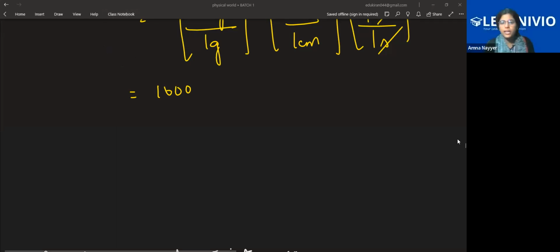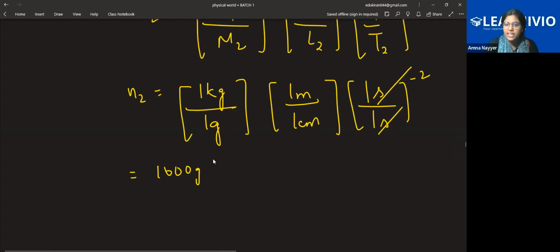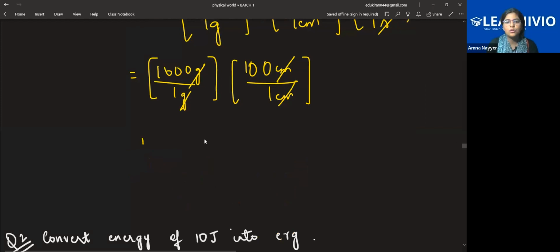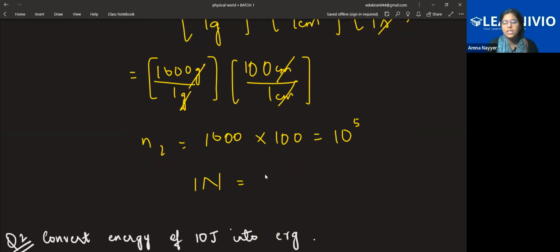So we can write 1 kg as 1000 gram divided by 1 gram. Then 1 meter we can write as 100 centimeters divided by 1 centimeter. Now gram got cancelled, centimeter got cancelled. So N2 is equal to 1000 into 100, that is 10 to the power 5. So 1 Newton is equal to 10 to the power 5 dyne.